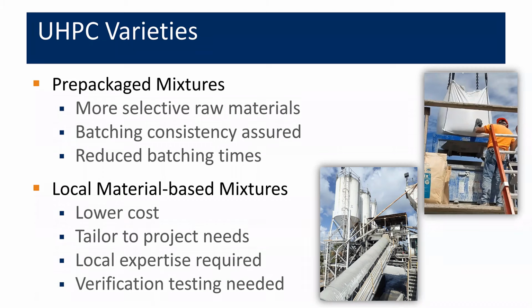But one of the consequences of the use of local materials is, one, you've got to have a certain level of local expertise in order to produce the material successfully. And in addition, because it is a new mix design, logically there's a greater amount of verification testing that's needed before it can be applied. Whereas with the prepackaged materials, there's a certain level of confidence on how that material is going to perform. With local materials, that performance really needs to be verified.